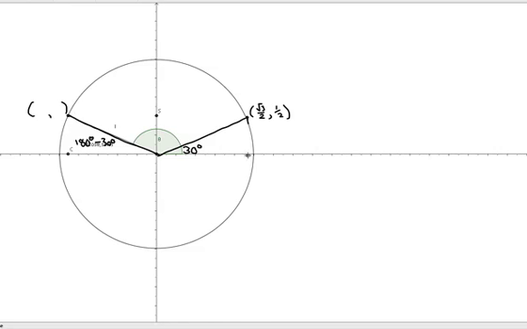There was positive root 3 upon 2, it's now gone negative, so that's minus root 3 upon 2. The sine of 150 degrees, which is what this is, would still be 1/2. So the cosine of 150 degrees is minus root 3 upon 2, and the sine of 150 degrees is 1/2. So the sine of 30 and 150 are exactly the same, but the cosine of 30 and 150 are opposite signs.